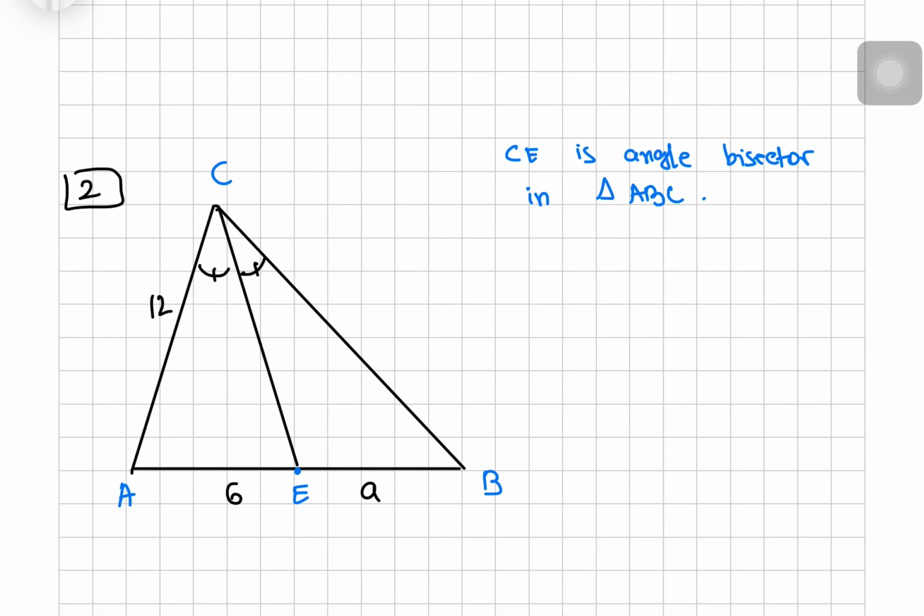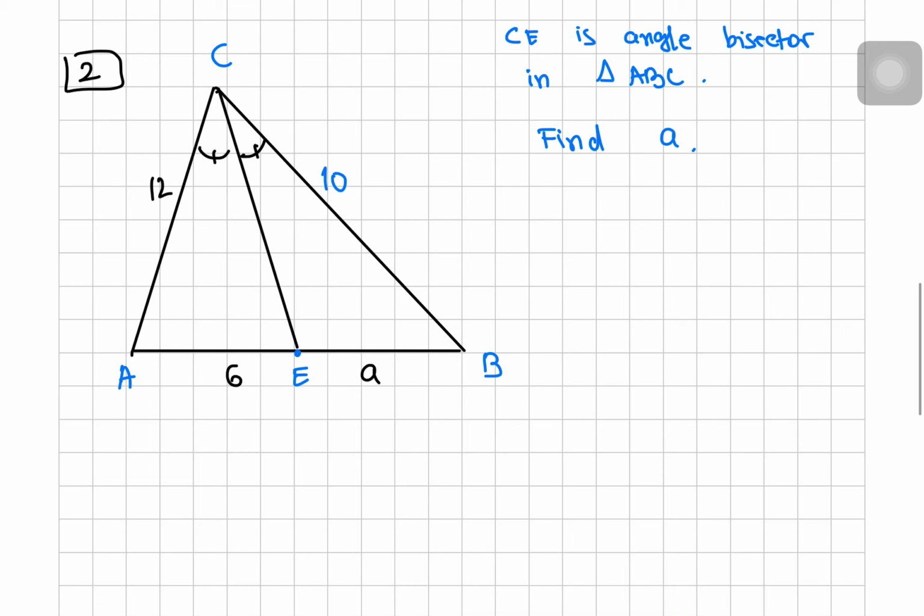And also we know that this side here is 10. Given that, we need to find A. Again, you can pause the video and try to solve, and here is the solution.